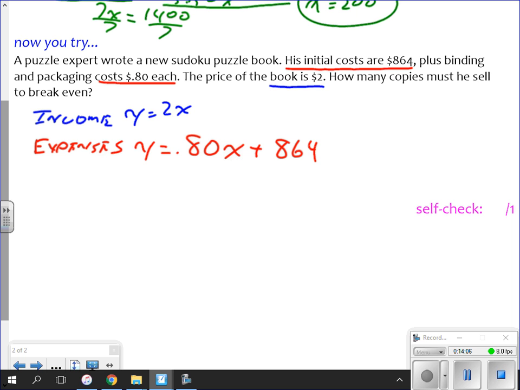Y equals 2x. I'll take this 2x, plug it in for this y. 2x equals 0.80x plus 864. And then you solve.